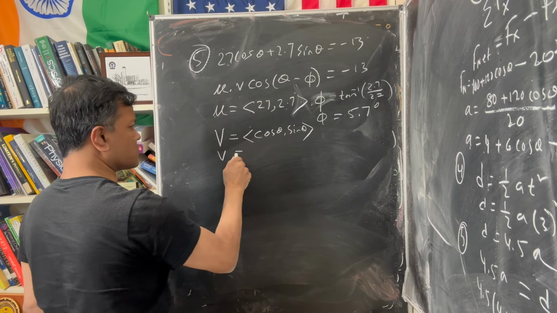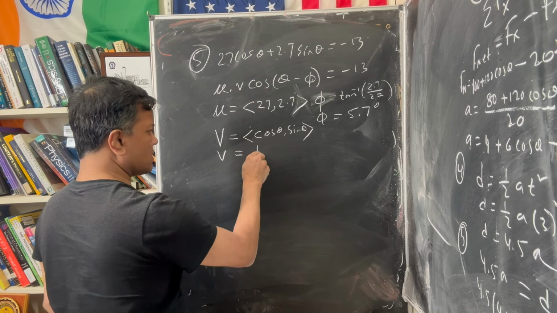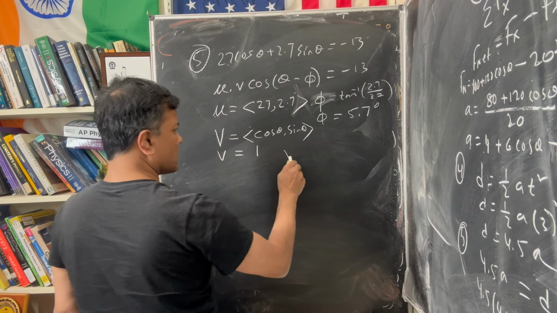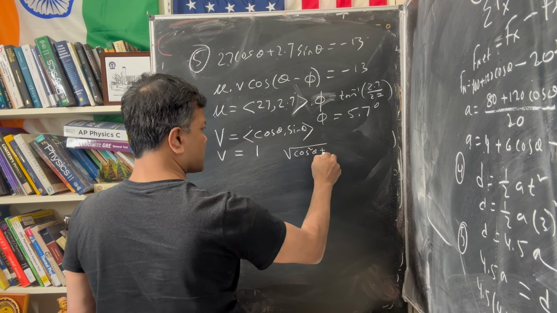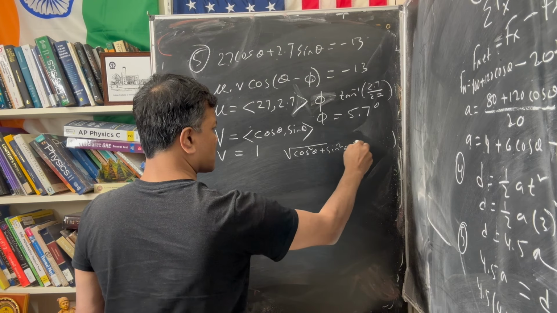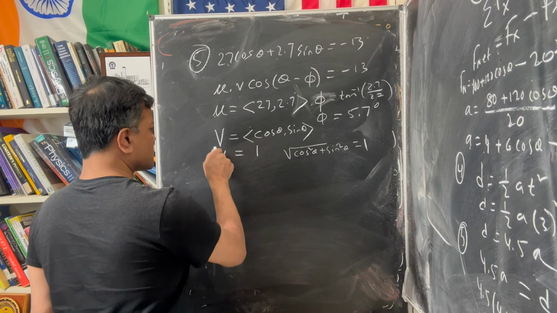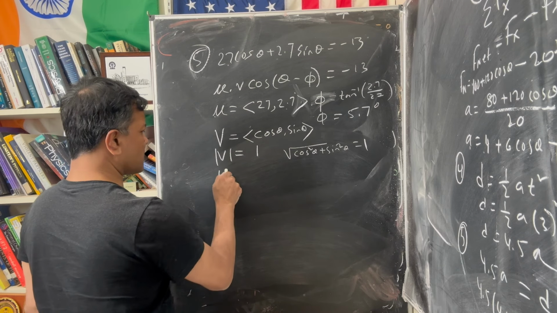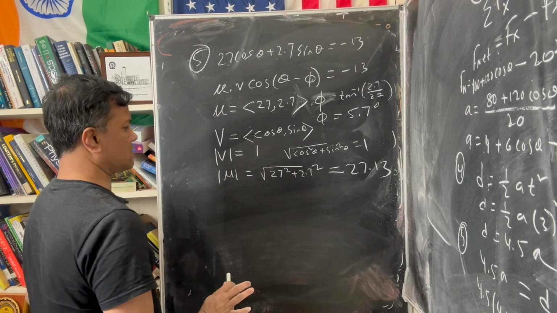What is the magnitude of V? The magnitude of V is 1. How is it 1? Because cosine squared theta plus sine squared theta is equal to 1 on the unit circle. What is the magnitude of U? 27.13. Great.